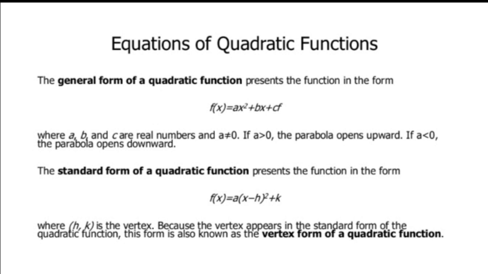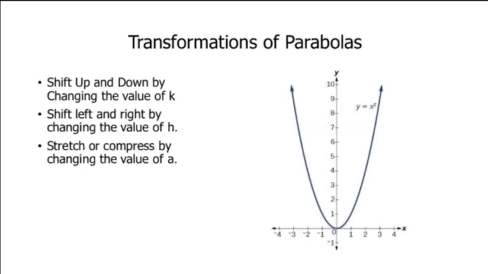The standard form of a quadratic function represents the function in the form f of x equals a times (x minus h) squared plus k, where (h, k) is the vertex. Because the vertex appears in the standard form of the quadratic function, this form is also known as the vertex form of a quadratic function.